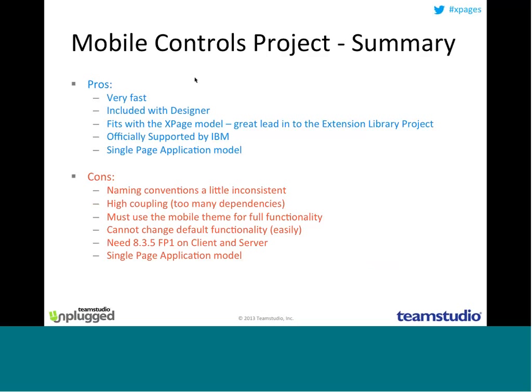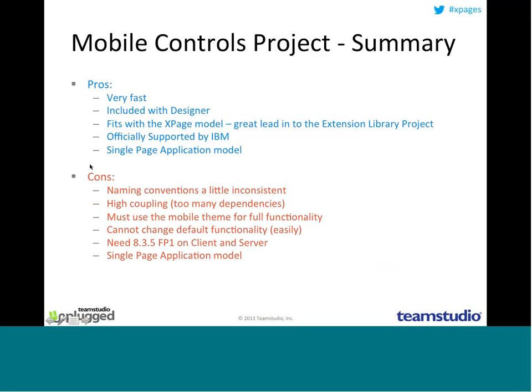It obviously fits within the XPage model that you have, and if you've never used the extension library before, they're a great lead-in. You can do something very quickly, and obviously there's a ton more stuff that I haven't covered that you can use. You've got official support there, and they use a single-page application model, so everything's contained within the same XPage.